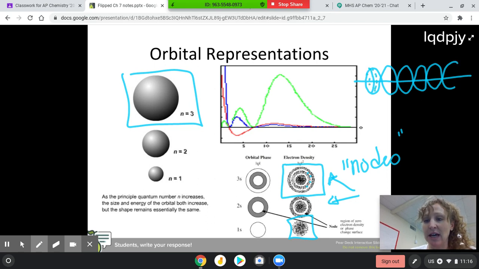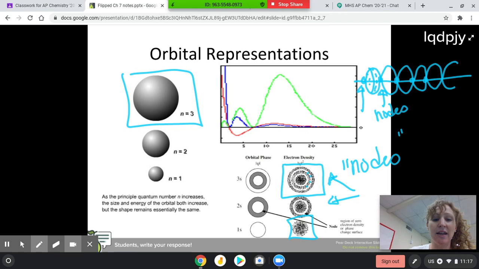Even though it's not, it's just a string moving up and down really fast, it still looks like a solid sphere. These areas where the string remains at rest, here and here and here, are called nodes. A node in terms of electrons is a location where the electrons don't spend time. It happens because of the interaction of the shells beneath it.